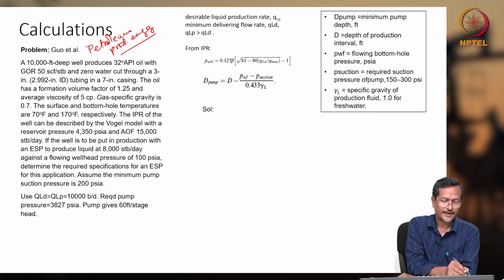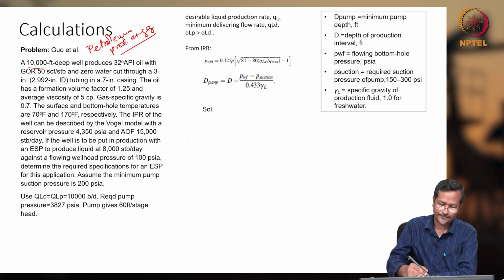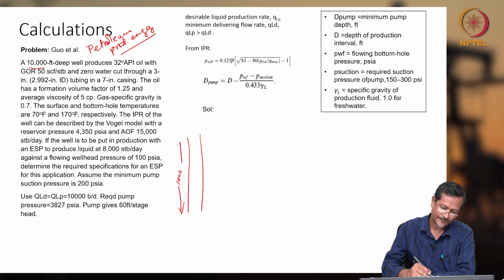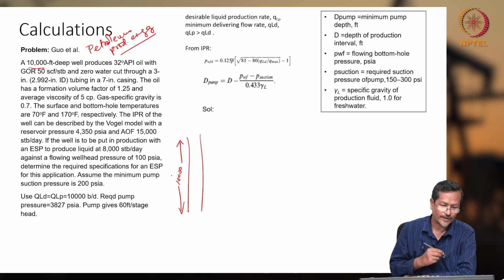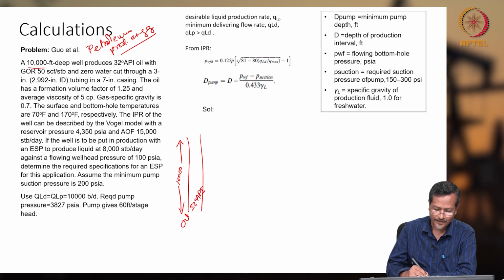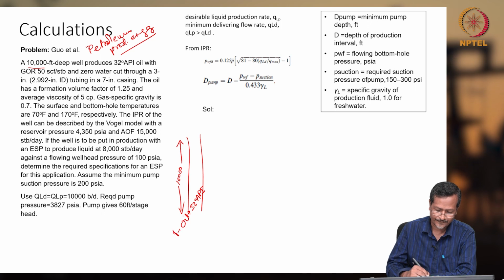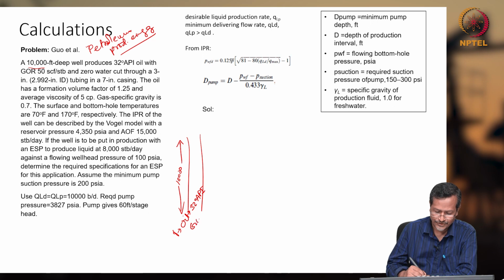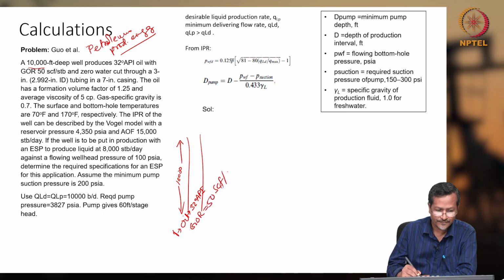The problem is a 10,000 feet deep wellbore. The 10,000 feet wellbore has 32 degree API oil. Oil gravity is given, with gas oil ratio GOR given as 50 SCF/STB.